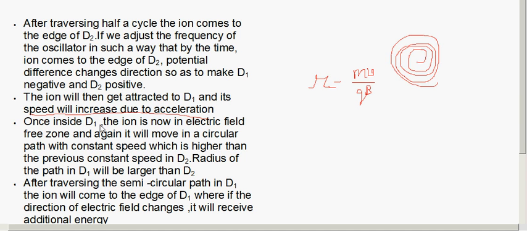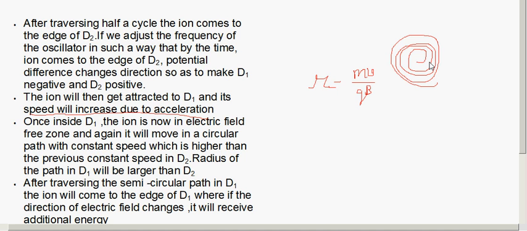Once inside D1, the ion is now in an electric field free zone. Inside the D there is only a magnetic field, and hence there is no acceleration. Inside D only the magnetic field is acting, and it makes the particle move in a circular path.